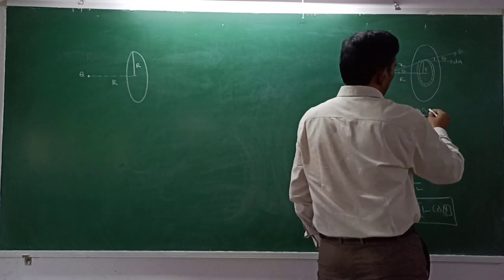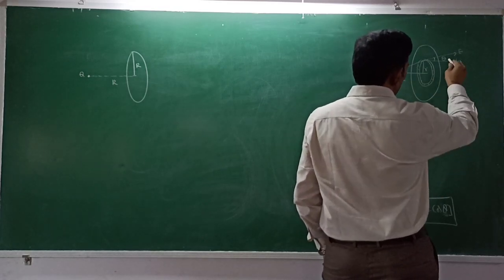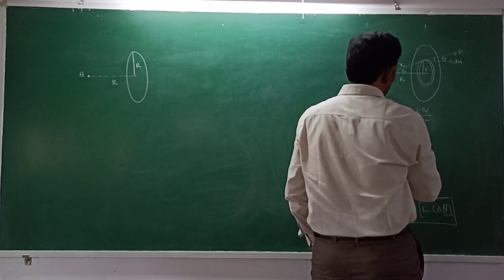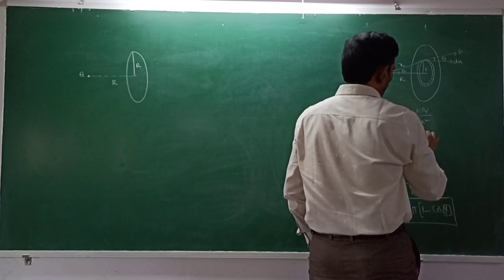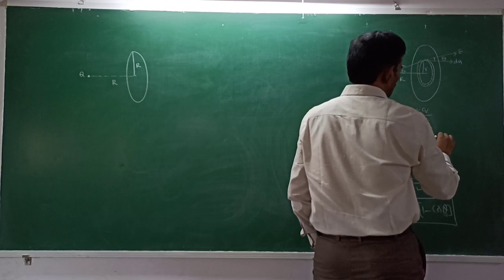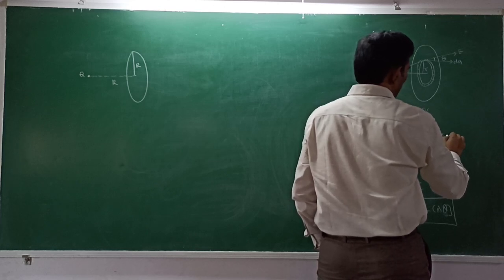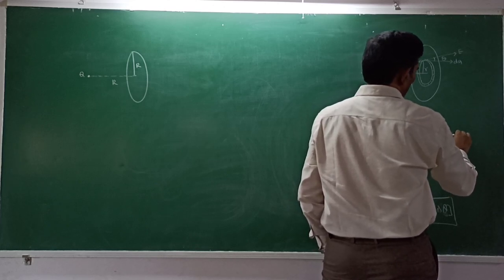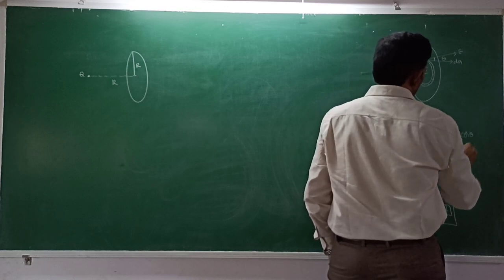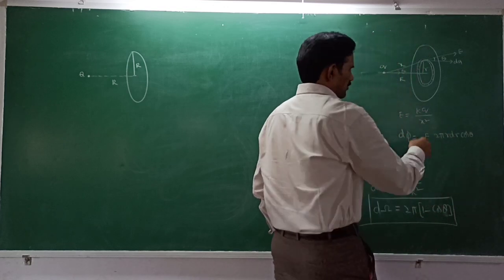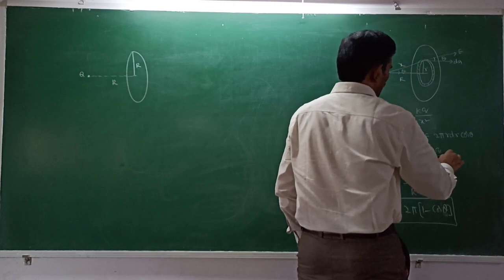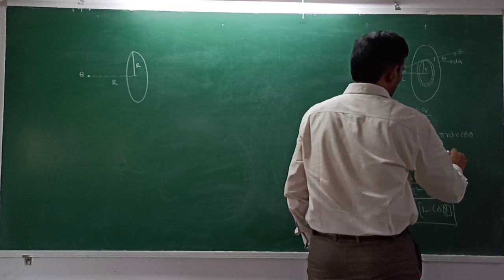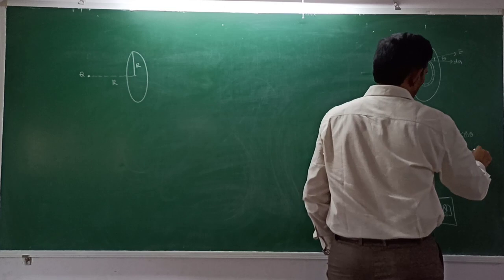So when it is kq by x square, we can write the flux as d phi equal to E into the area of that element, which we write as 2 pi r dr into cos theta. Then by substituting kq by x square into 2 pi r dr into cos theta.